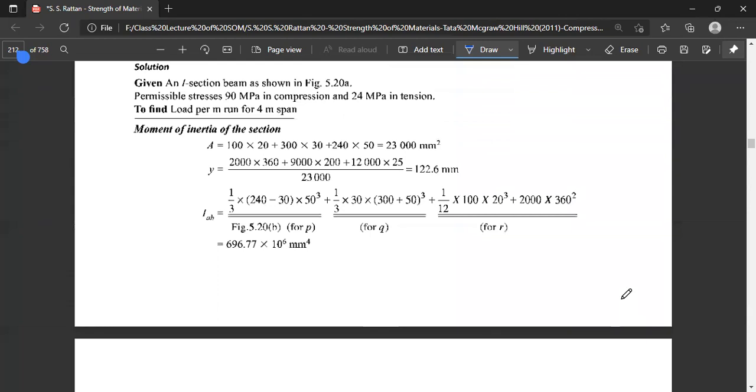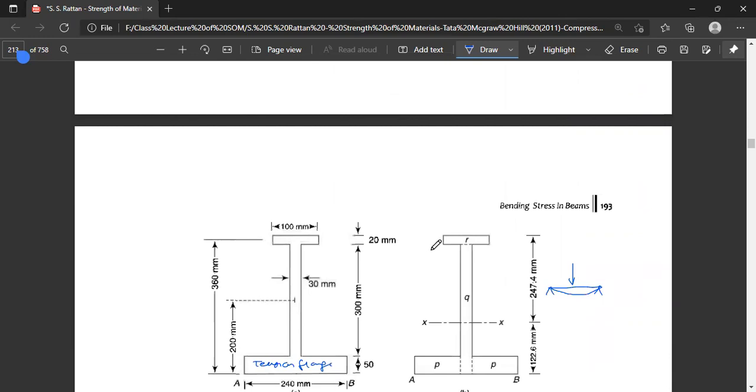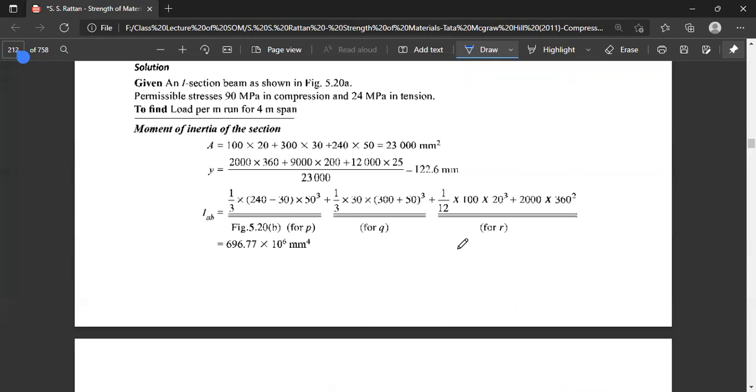So what are we supposed to do? First of all, we have to find the moment of the area. The top flange area is 100 multiplied by 20. The web area is 30 multiplied by 300.